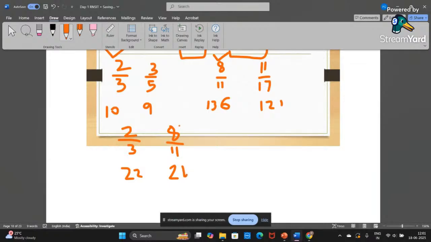Among these two, this is 24. So 24 is bigger compared with 22. So among these two ratios, 8 by 11 is the bigger one.